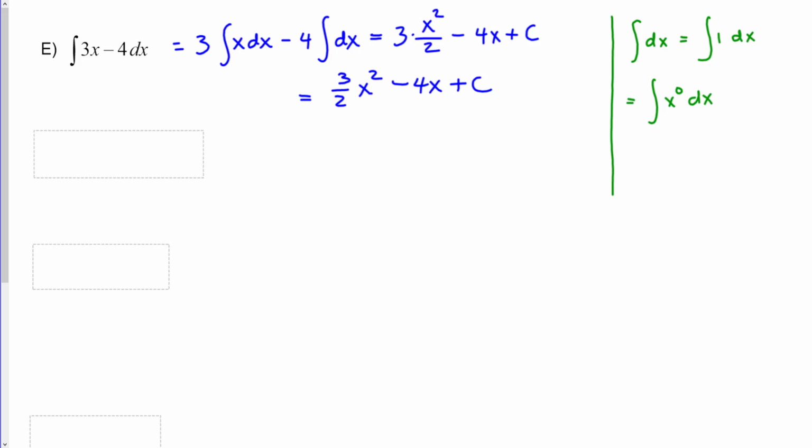Now, if you use the power rule, you can increase your exponent by 1, so x to the 0th plus 1 would be x to the 1st. Then divide by the new exponent, tack on a plus c. So there you have it. So that proves that the integral of just dx is x.